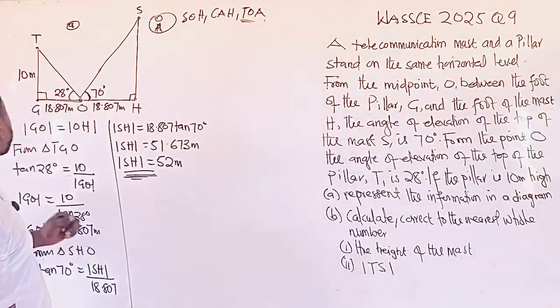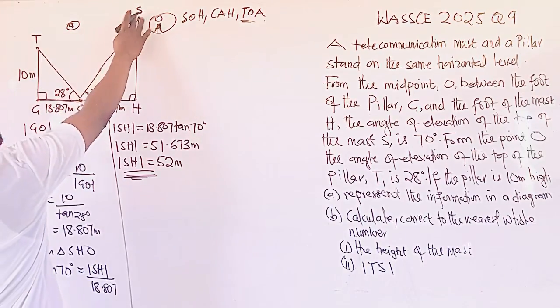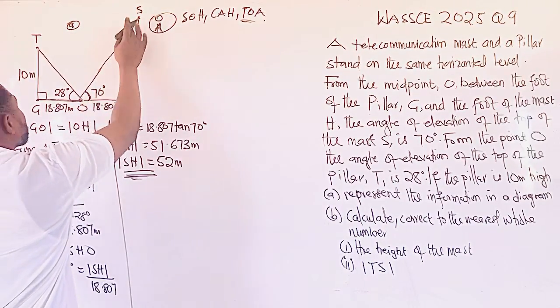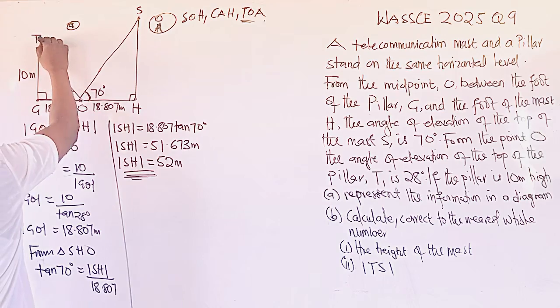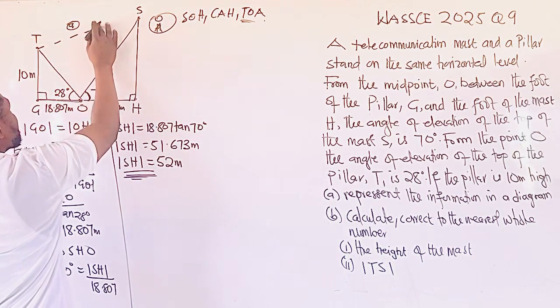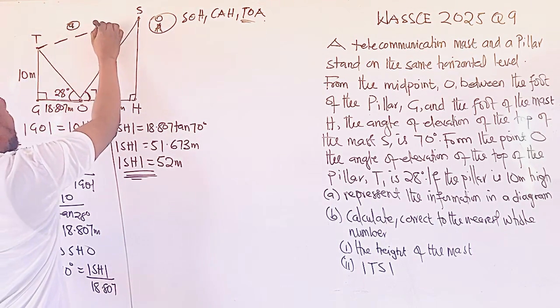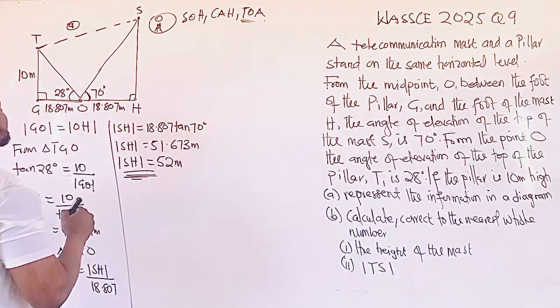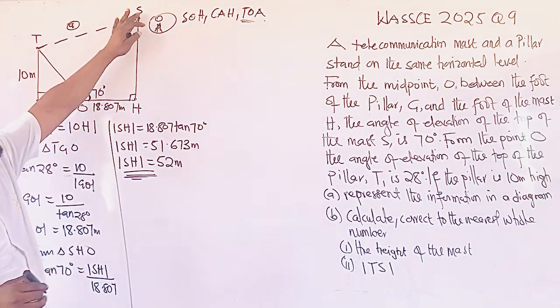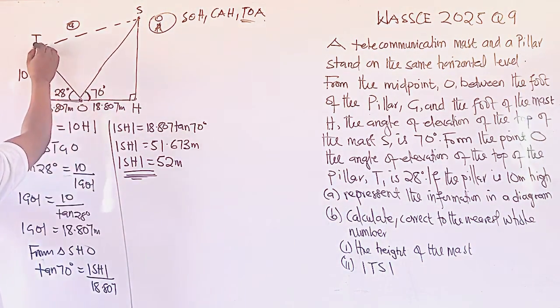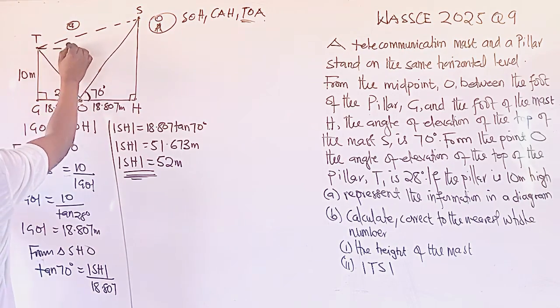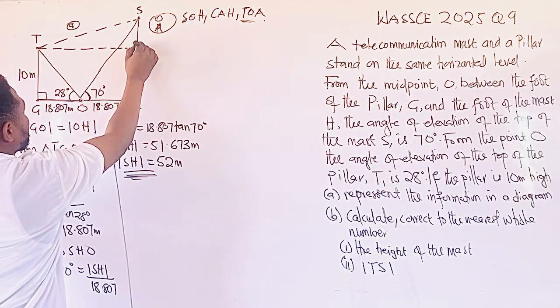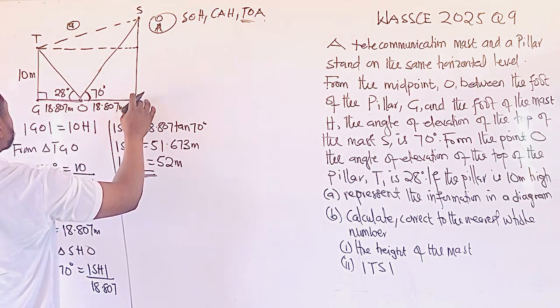Now, we have been asked to find TX, the distance from T to X. Now, when we join a line from T to X, it will be a straight line. All right. And for us to get TS here, we also need to join from T to meet line SH.